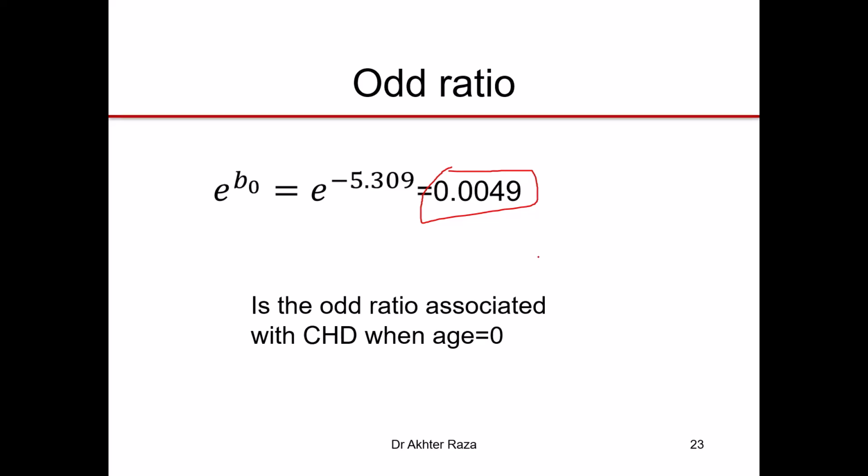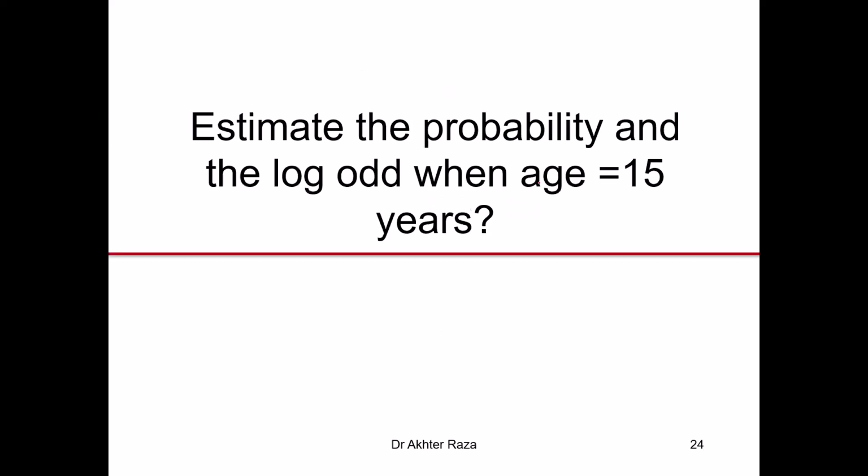A very small value we have for the odd ratio at age 0. Age 0 means an infant below 1 year of age, assumed as age 0.